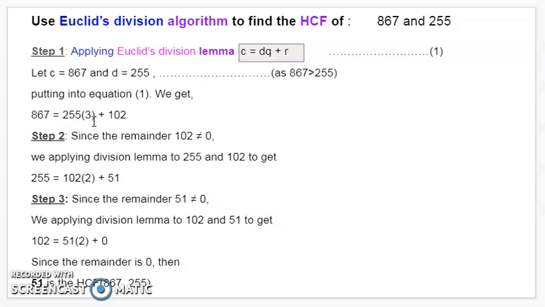When we do the division, we find that 3 will be the quotient and the remainder will be 102, if we are dividing 867 by 255.